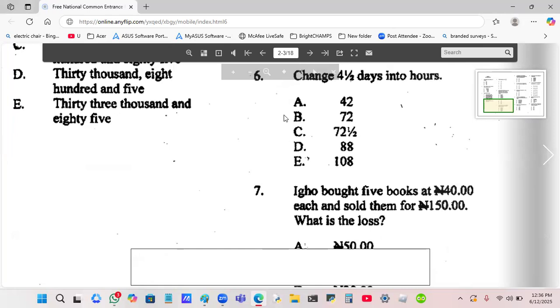Hey, Mr. Child, I don't think we wrote any calculation for number 7. We did, you have forgotten.